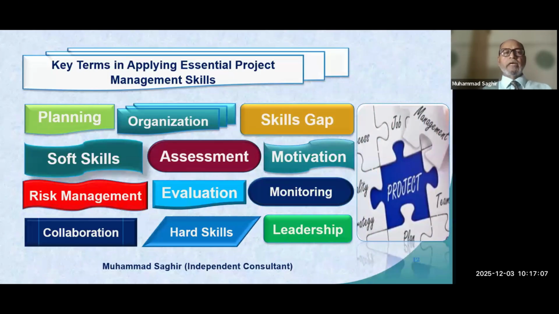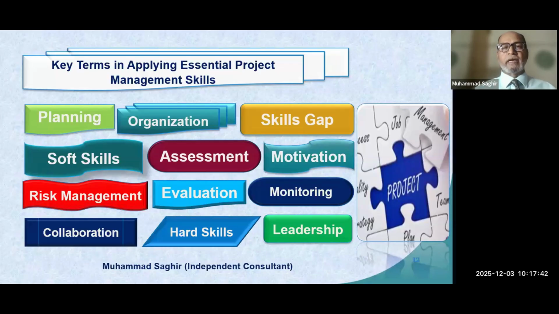There are some key terms in applying essential project management skills. These terms are frequently used when we talk about management skills. These are planning. There are more, but these are some of the major, I would say, terms. Those used in project management skills: planning, organizing, skills gap.